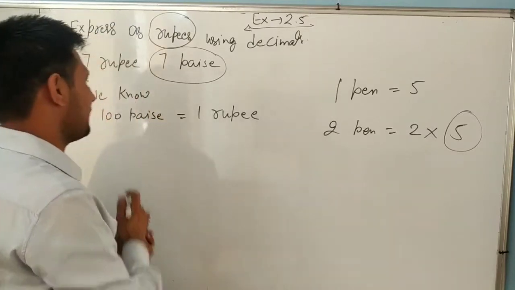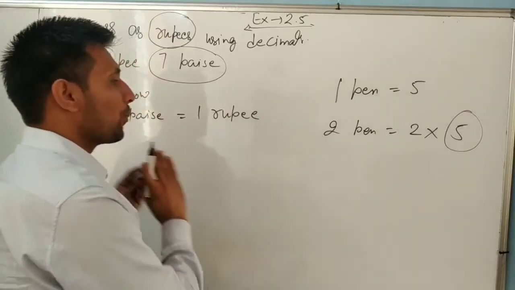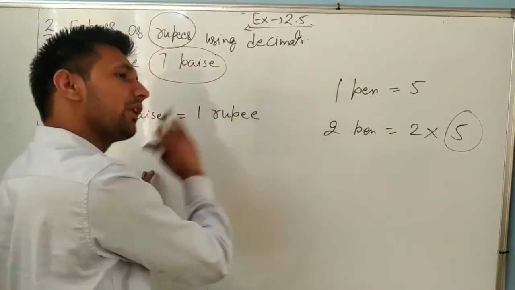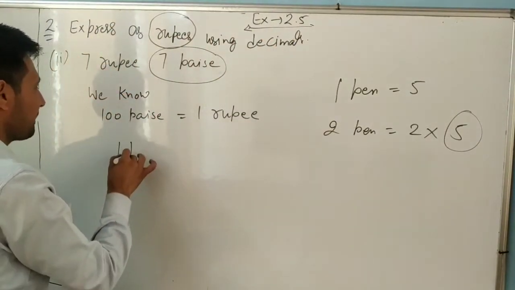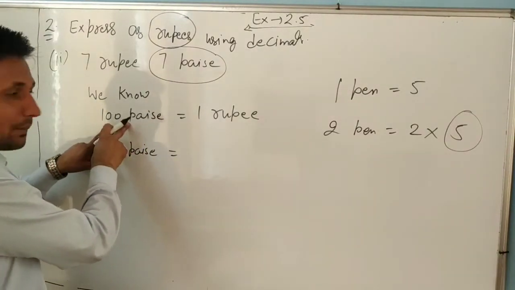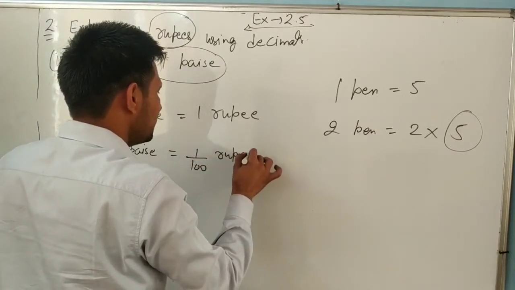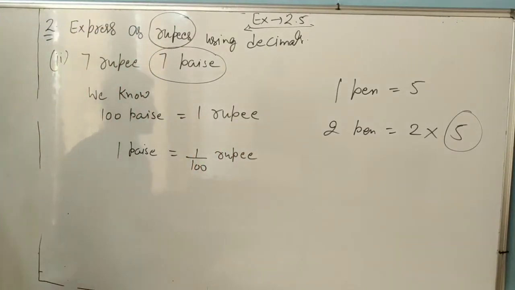Always remember, dear, multiply on one side becomes divide on the other side, positive becomes negative, negative becomes positive. So 1 paise equals 1 by 100 rupees. Understand it?